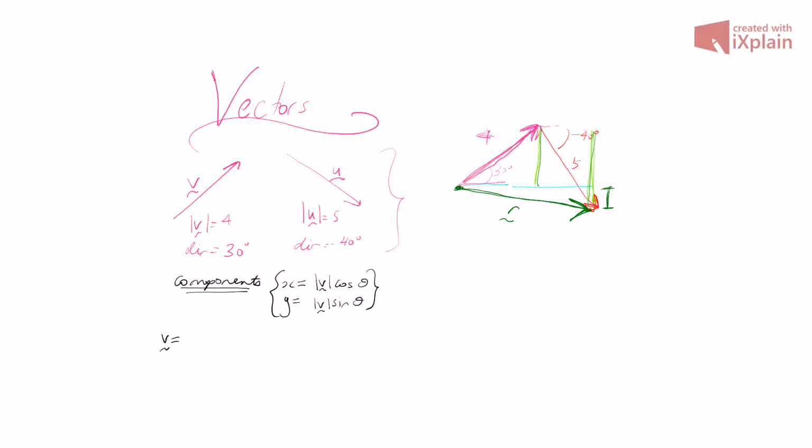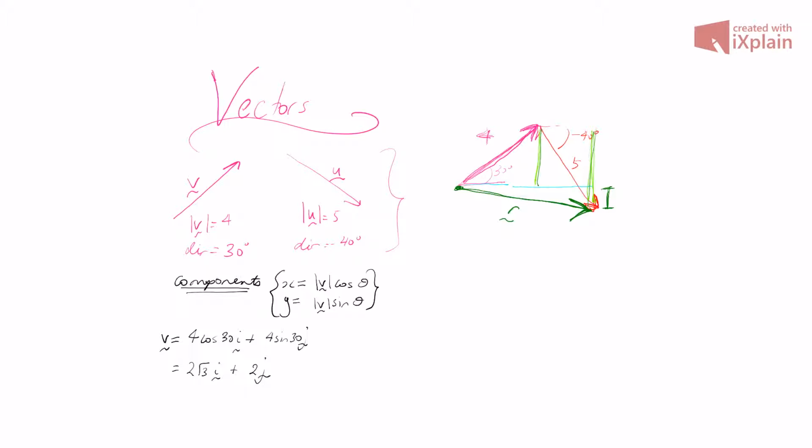We're going to have an x component, so it's going to be 4 cos 30 i plus 4 sine 30 j. Now remember that cos 30 is root 3 on 2, so root 3 on 2 times 4 is 2 root 3, and sine of 30 is a half, so 4 times a half is 2.